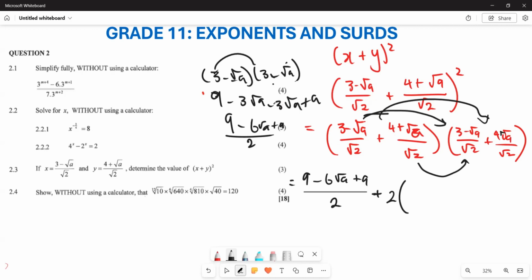4 multiplied by this, 4 multiplied by this. This is going to be 12. Now, what else are you going to have here?